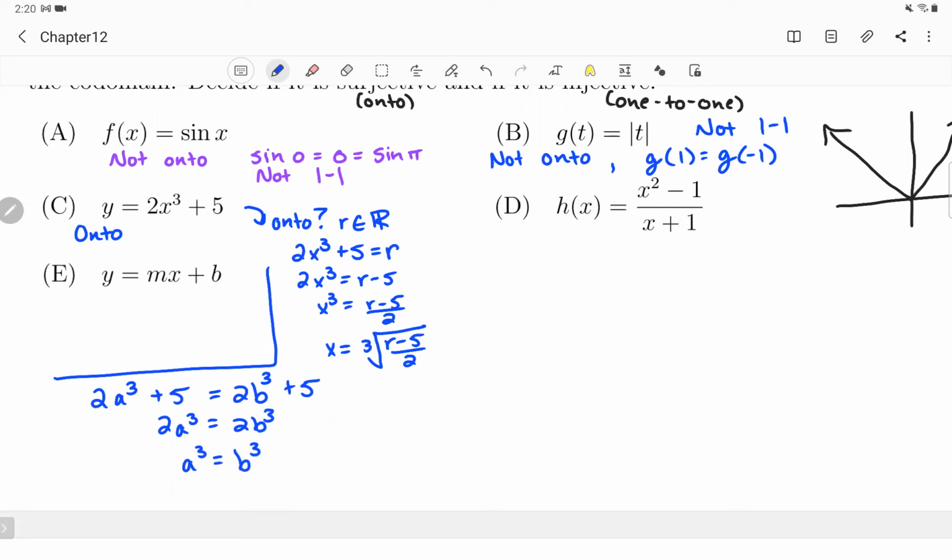When I take a cube root, do I have to worry about plus or minus or anything? Nope. So we get a equals b. If they output the same thing, they must have been the same input for this function. That's what we just showed, right? If that had been a square or a fourth power, any even power, I would have been in trouble, because I could have gotten plus or minus, so they might not have been the same. So this one is 1-to-1.